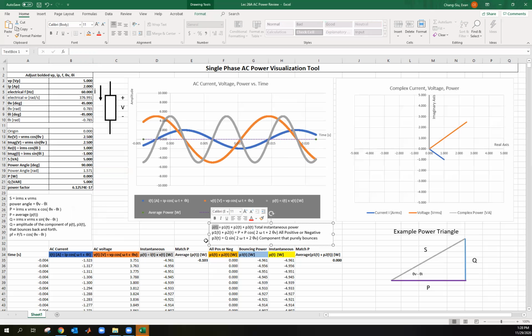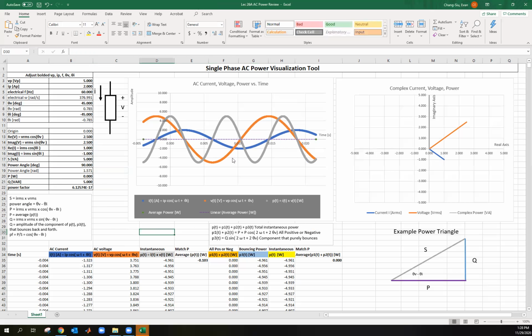The instantaneous power you can either compute as just I times V, but in a previous lecture, we also showed that this instantaneous power is the sum of P1 plus P2 plus P3, where P1 plus P2 is the real power plus the real power times this cosine term, and P3 is the reactive power Q times the sine of these terms, okay? And notice Q is the amplitude of the component that bounces back and forth. Okay, and that's what I've said here.